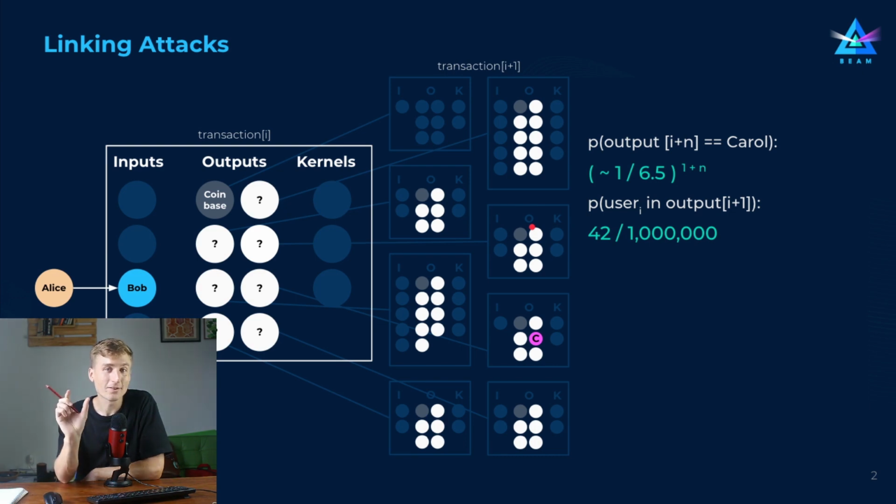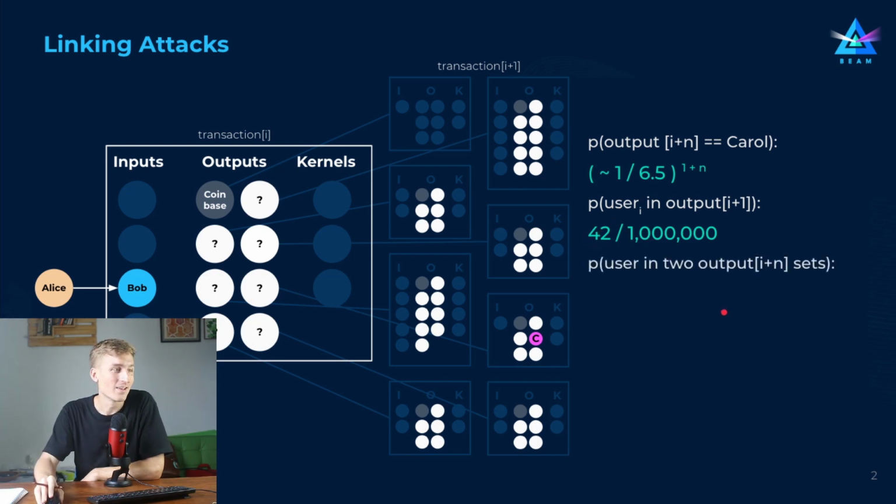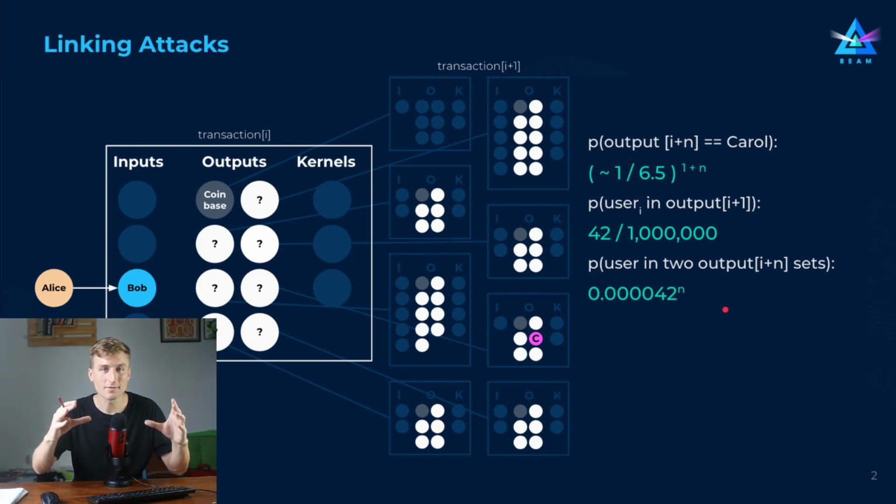So what if Bob and Carol are linked twice? Then it's this low probability squared, right? So for every time that Carol appears in one of these subsets, it's extremely unlikely. So that every time it happens consecutively, that's even more and more unlikely. So in this way, the privacy decays exponentially.